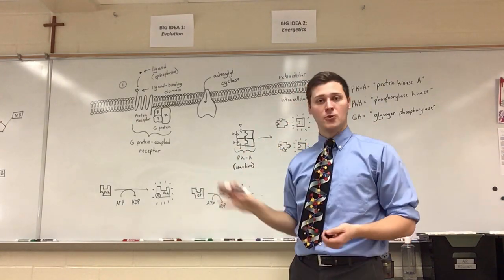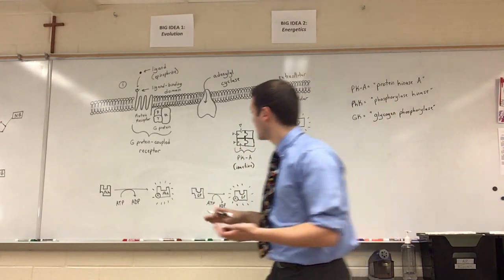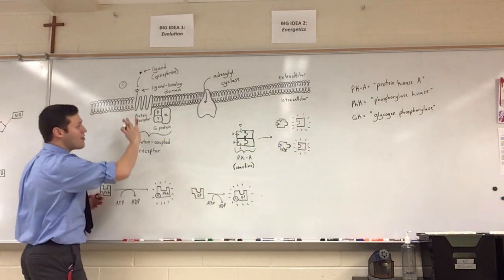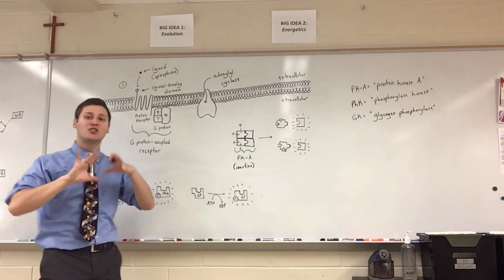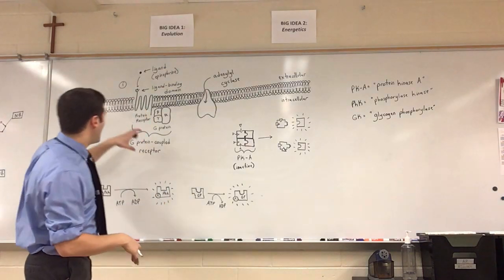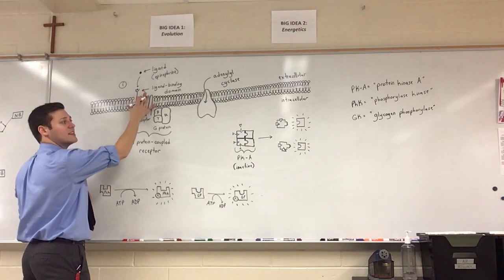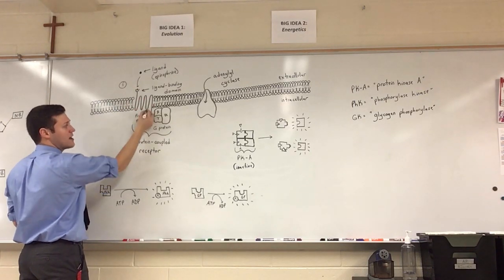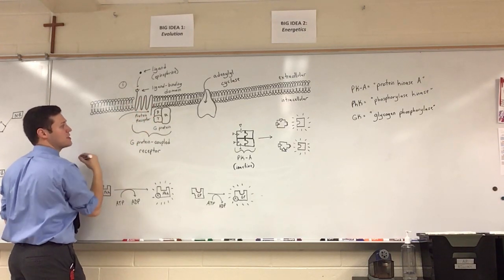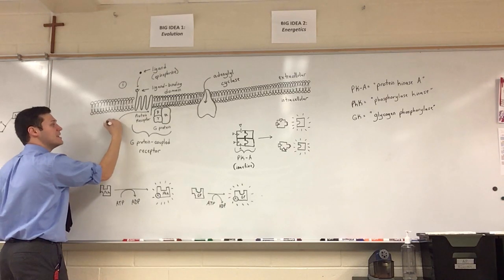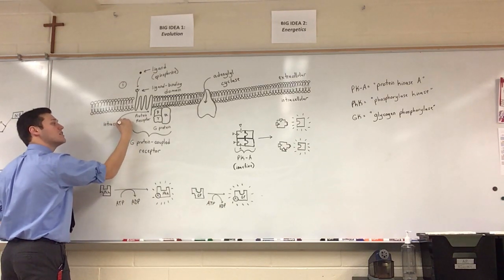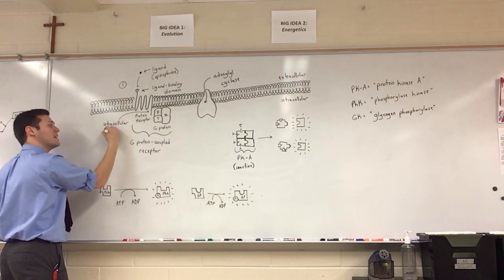Now for step two, in the case of epinephrine, there is a conformational change, so a change in shape that occurs in the protein receptor. So the protein receptor, particularly the intracellular side, so we'll consider this part of the protein receptor the intracellular domain.